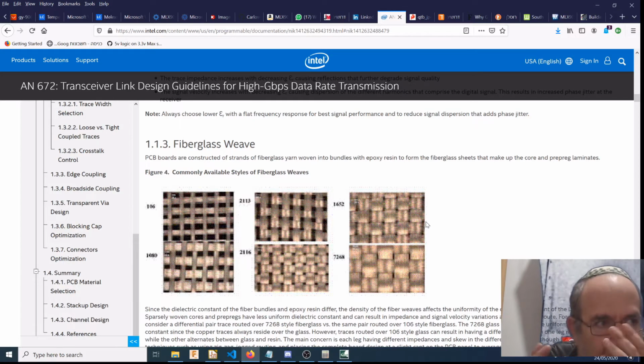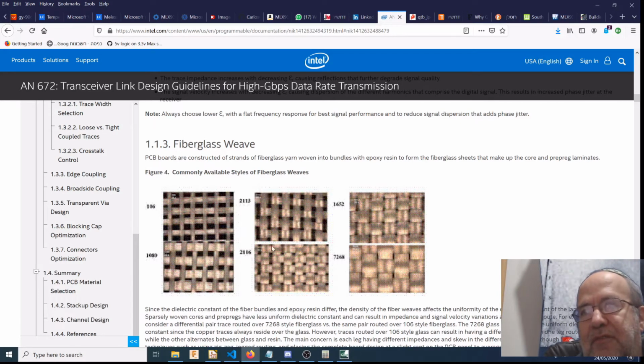Okay, cheaper FR4 has more weave. As we're looking at this, I'm going to describe something else. One can see this weave over here is called 106.